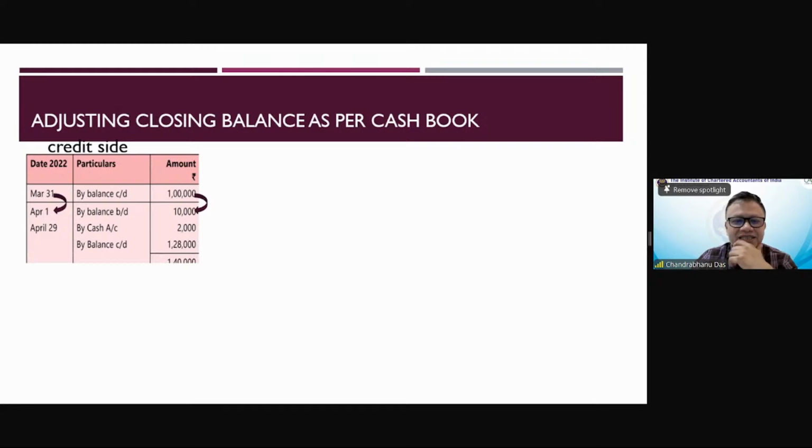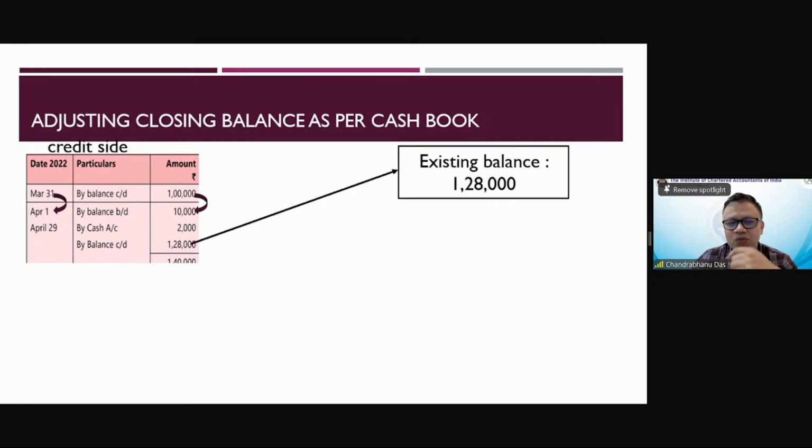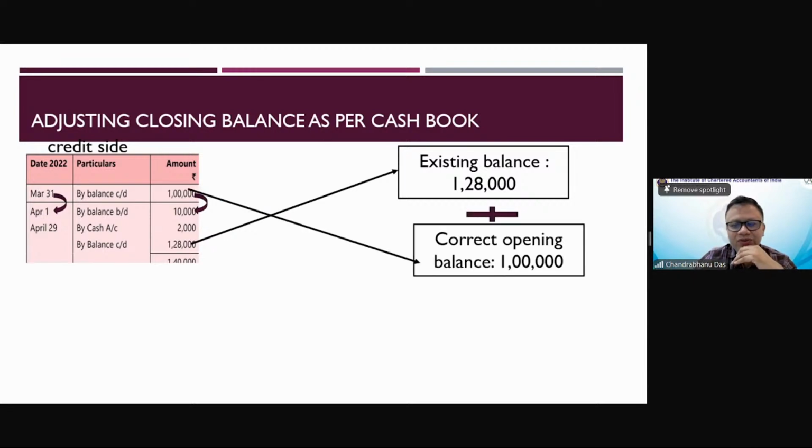You have to adjust the closing balance. What you have to do here is the balance as per cash book, 1,28,000. Now this 31st balance is from all the previous transactions. So you correct the opening balance. You add the correct opening balance, because from the opening balance you derived the closing balance, and the opening balance should be on the debit side.